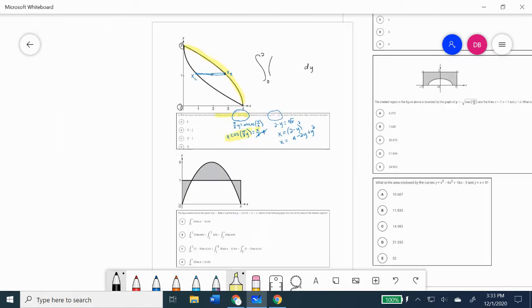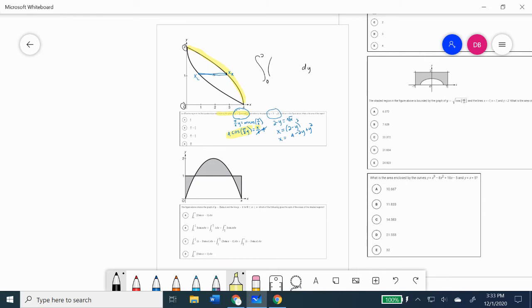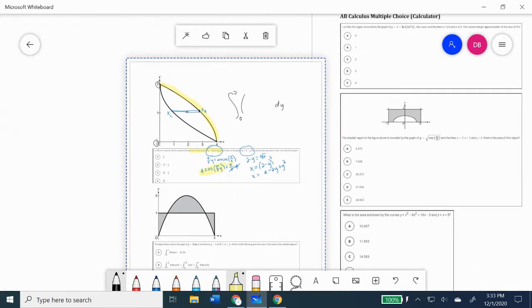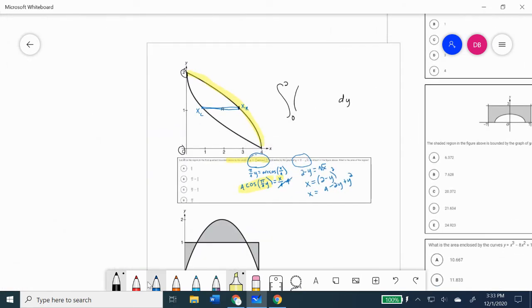So my right x is equal to 4 times the cosine of pi over 4y, minus the x left, which is this function, 4 minus 2y plus y squared.